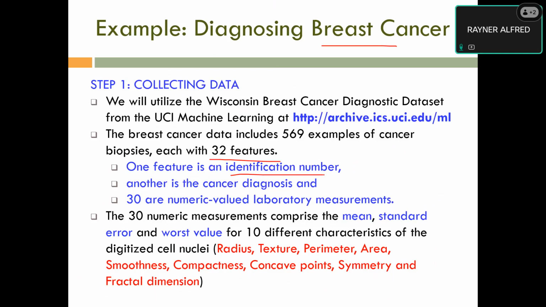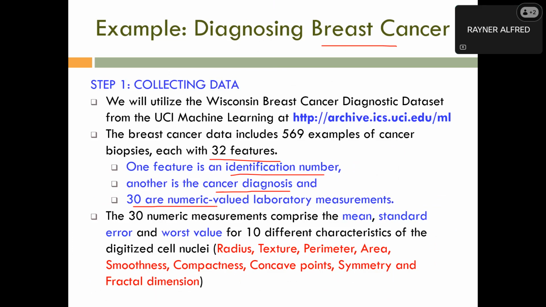The ID number we don't need because it carries no meaning. We also have the cancer diagnosis, whether they have cancer or not, and the rest of the features are 30 numeric laboratory measurements. We use these 30 numerical values in order to find the K nearest neighbors to map or evaluate against the new item that we have.